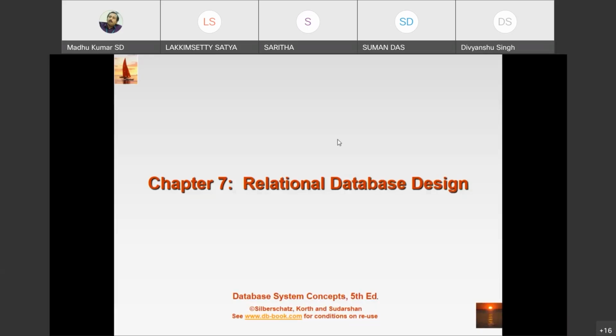In the last class, we were revising the topic of normalization. We have seen that when you are trying to develop a database for a given application, multiple designs are possible.